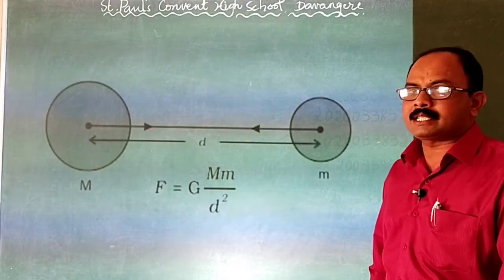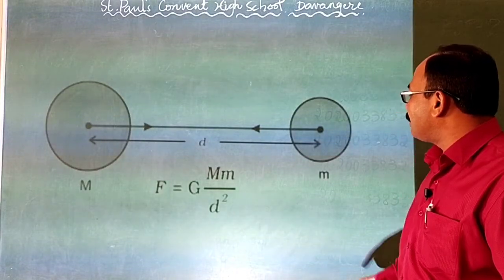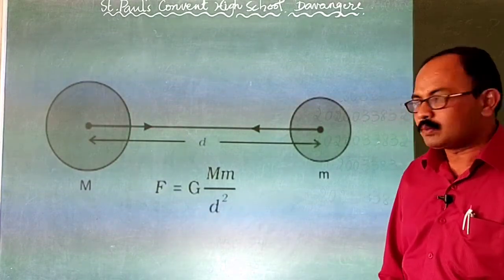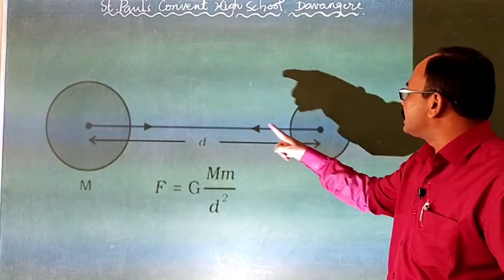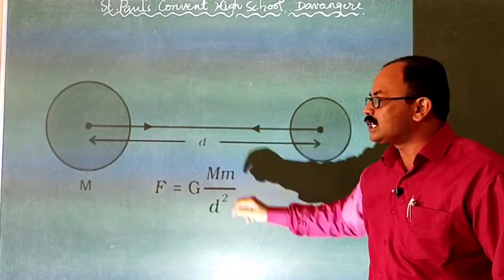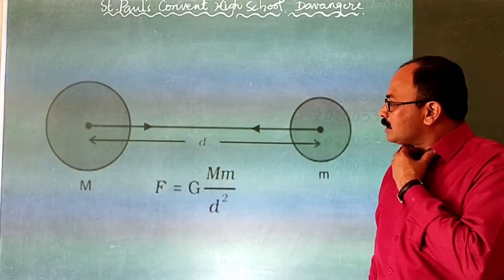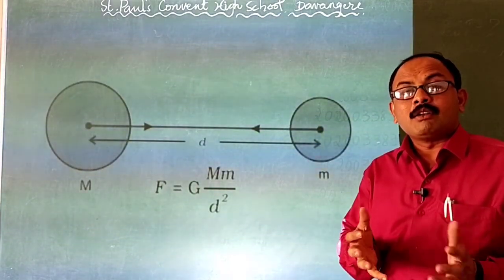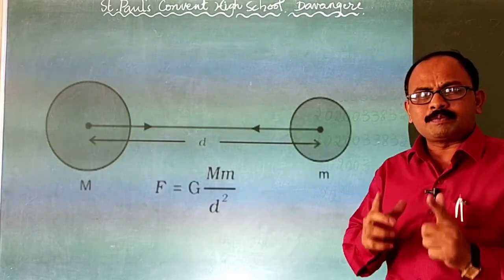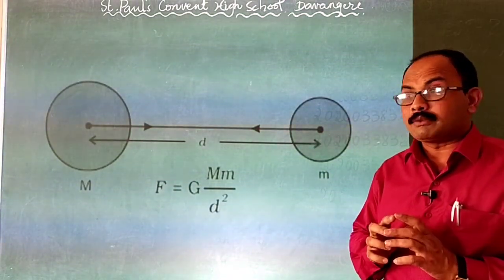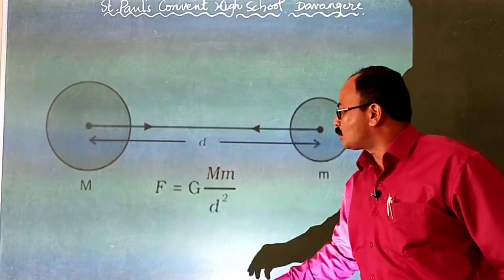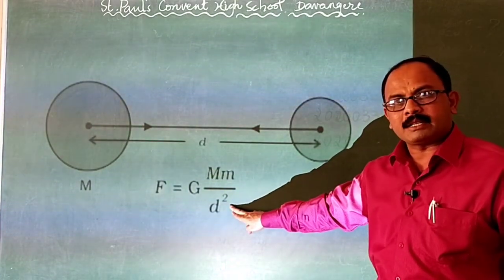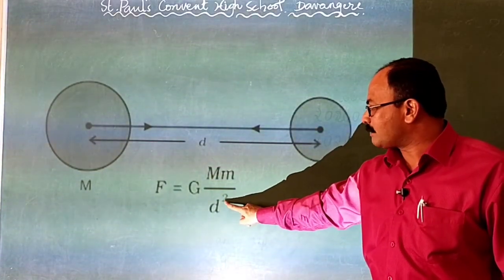Consider two objects of mass capital M and small m, or you can take small m1, small m2. The distance from center to center is taken as d, children, the distance between them. By looking at this formula, we will be able to state the law of gravitation. Every object in the universe attracts one another with a force directly proportional to the product of their masses and inversely proportional, in the denominator, to the square of the distance between them.